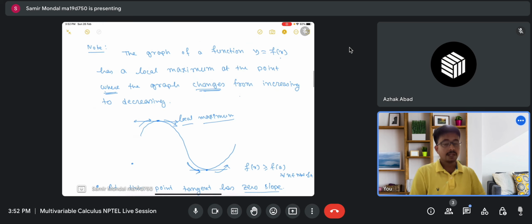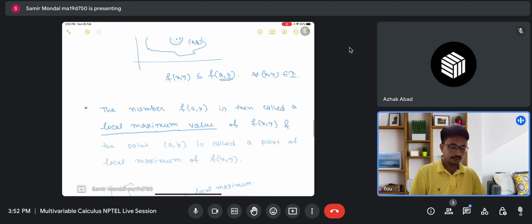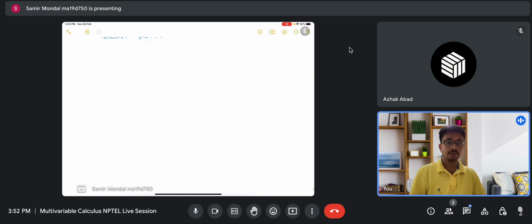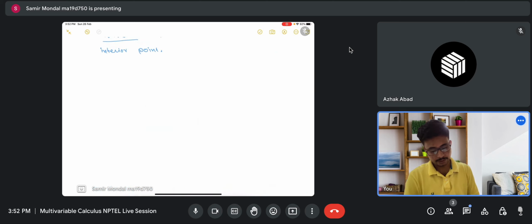At that point, if you draw one tangent, the tangent has slope 0, meaning your first derivative of f is 0 for a single variable. This concept we can apply for two variables also. That point we will call a critical point.